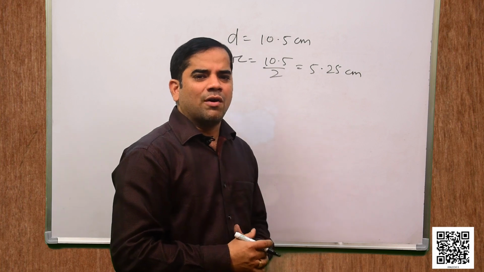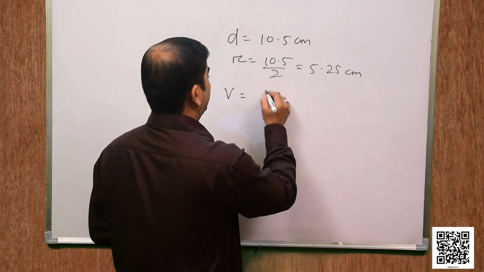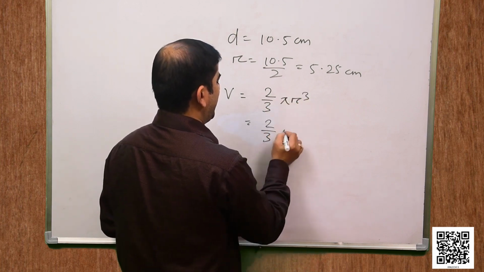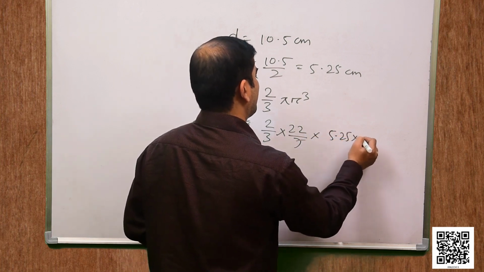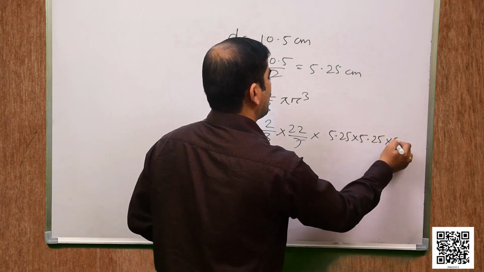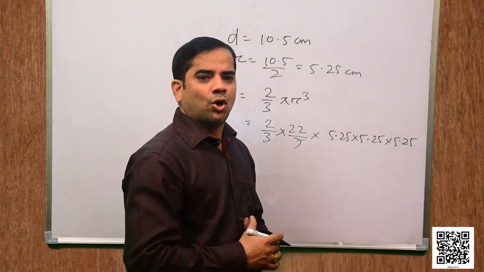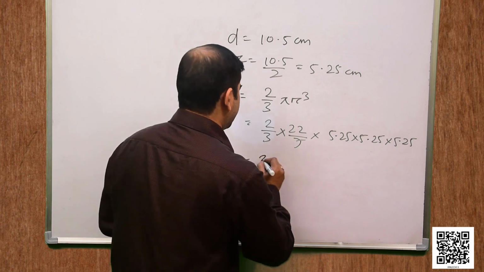Now, volume, because it is a hemisphere, is 2 by 3 pi r cube, that is 2 by 3 into 22 by 7 into 5.25 into 5.25 into 5.25.